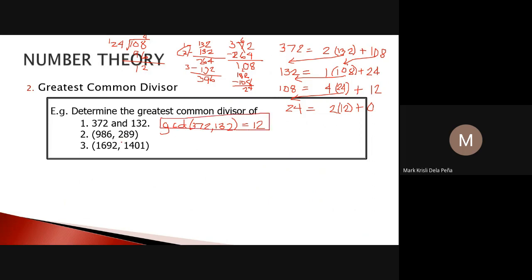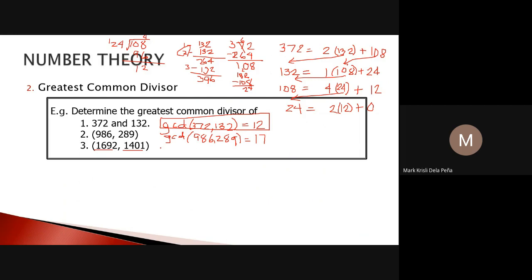How about number 2? Number 2, the greatest common divisor of 986 and 289 is equal to 17. Check for yourself if that is really equal to 17. Okay, next, how about this one? 1692 and 1401.